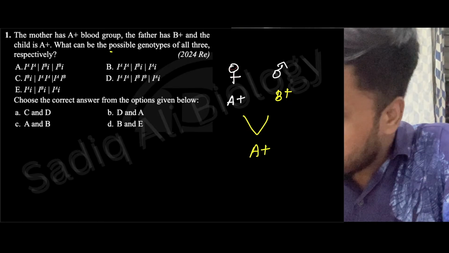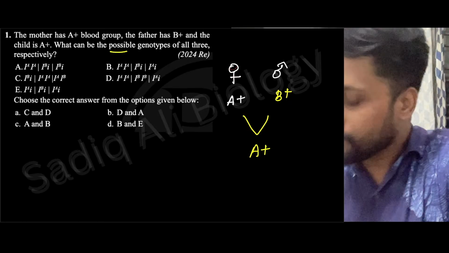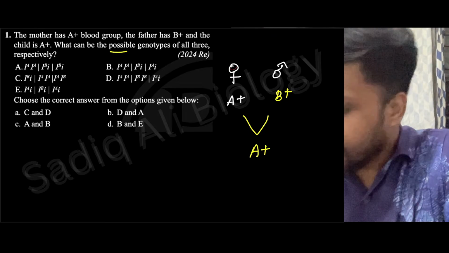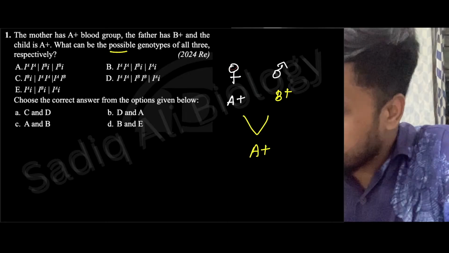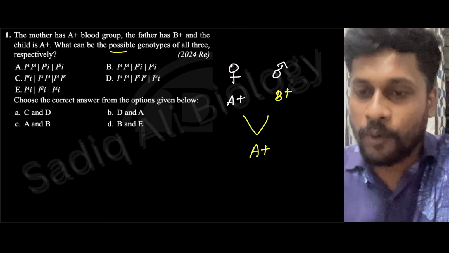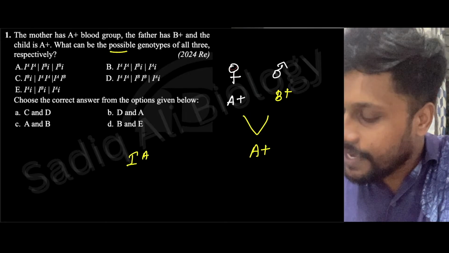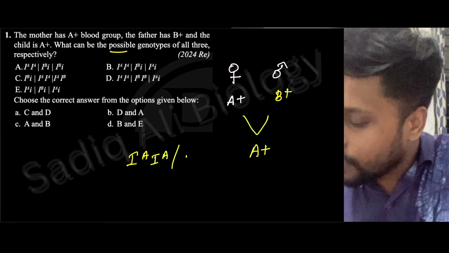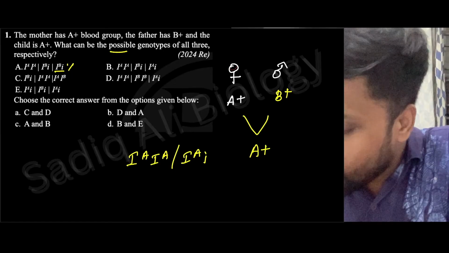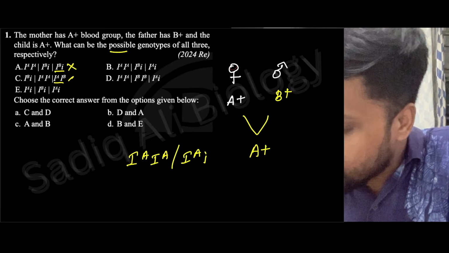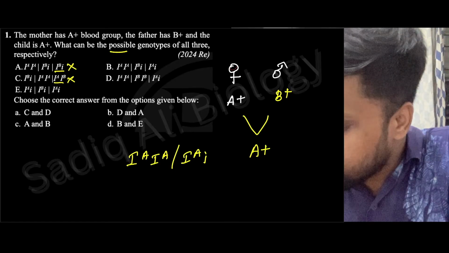What can be the possible genotypes of all three? If the child is A plus, you know that only two options are possible, either IA IA or IA small i, right? So this IB small i is not possible. So these three are possible.